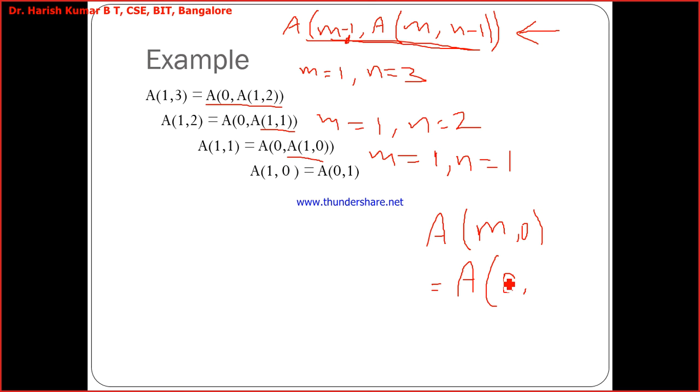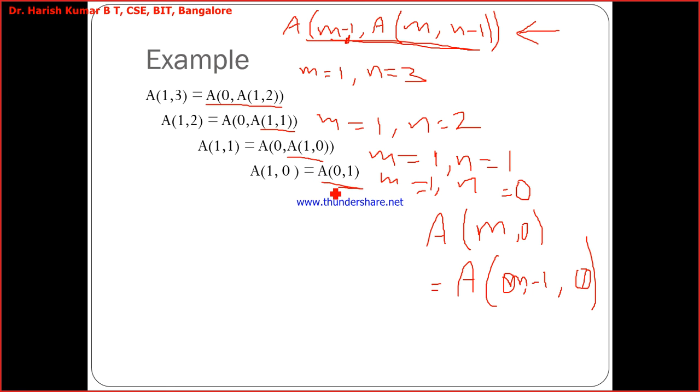So this one, this is A of m minus 1 comma 1, and this is what we are applying. The m value is 1 here and the n value is 0. Here, this is m and this is n. So m minus 1, that is 1 minus 1, 0, and this is 1.